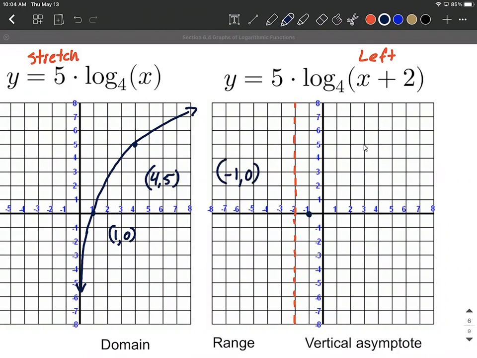That's going to move 2 units to the left, so that's going to be at (2, 5). Go ahead and label those, and then we'll connect the points. And what this should look like is the exact same graph as what we have on the left-hand side, like this exact same curve, but picked up, moved 2 units to the left and set back down.